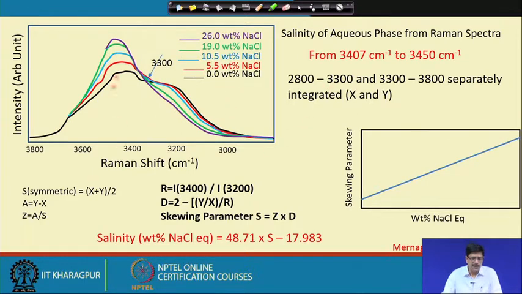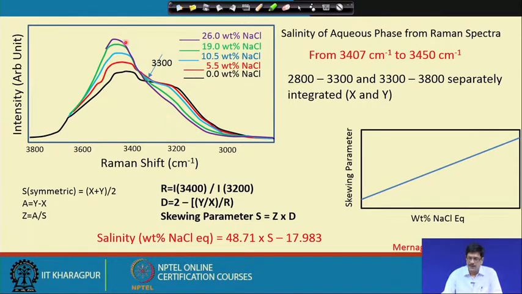This particular peak of water, unlike what we see in some species like carbon dioxide or graphite or methane, which we have seen earlier, does not occur as a very sharp peak, but as a broad hump, almost from 2800 centimeter inverse to 3800 centimeter inverse.